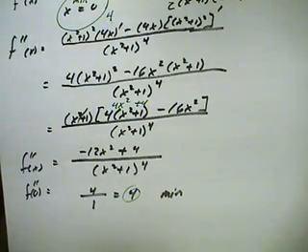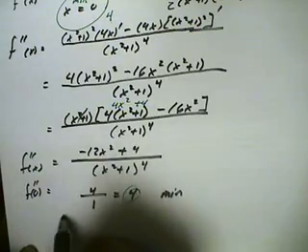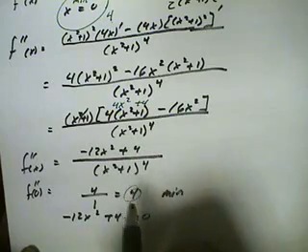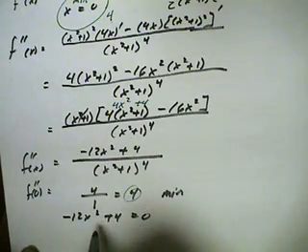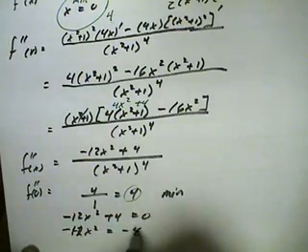Now, inflection points. We take the numerator, which is negative 12x squared plus 4. We set that equal to 0, and we solve for x. Alright, so let's subtract 4 from both sides. So we get negative 12x squared equals negative 4.